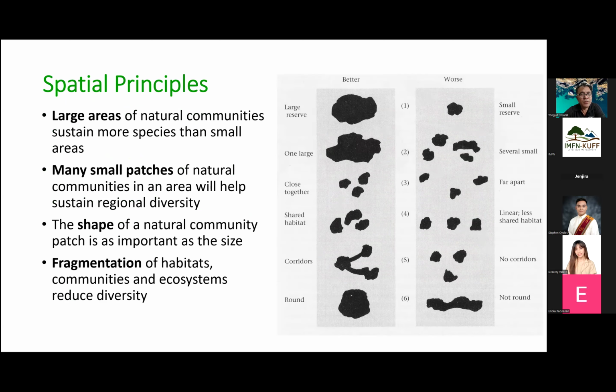For the spatial principle, I already showed some figures related to this when I discussed the protected area system. For landscape restoration, a large area can sustain more species and larger populations than a small area, and sometimes many small patches are much better than one large patch in a certain area, to avoid uncertainty from disaster or forest fire.